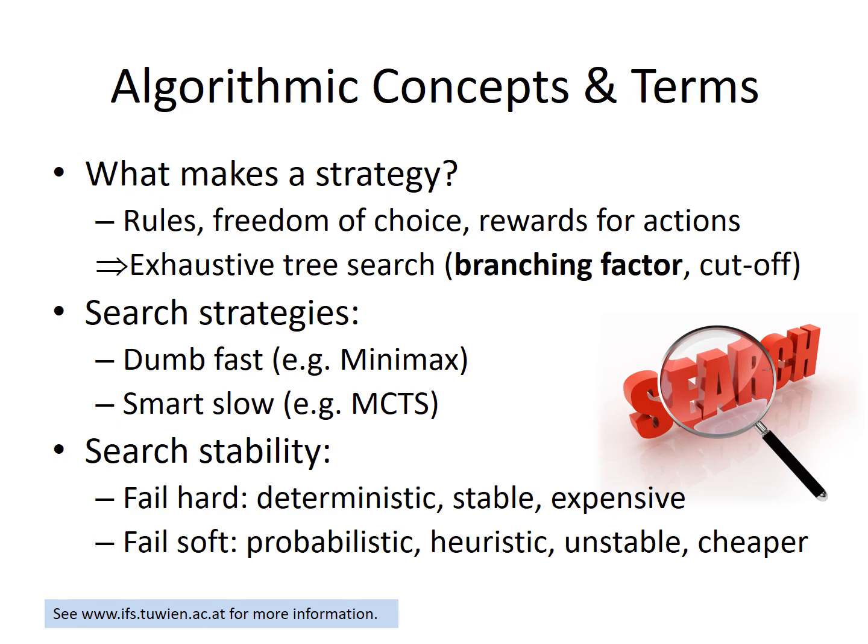To fail soft means to act probabilistic, to believe in heuristics, to try something, to risk something, to ignore maybe interesting areas of the search tree. It is therefore not very stable. You might fail, it might play pointless moves, but it is certainly very much cheaper.